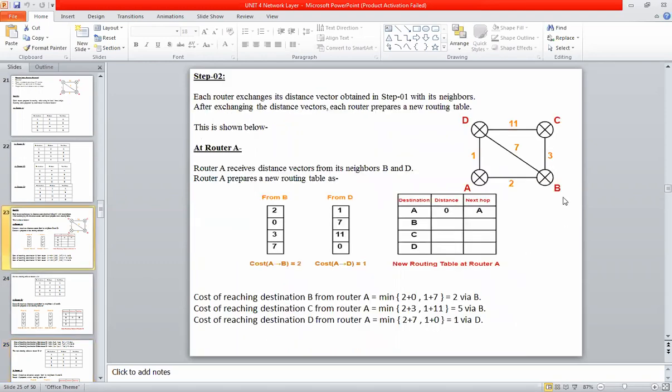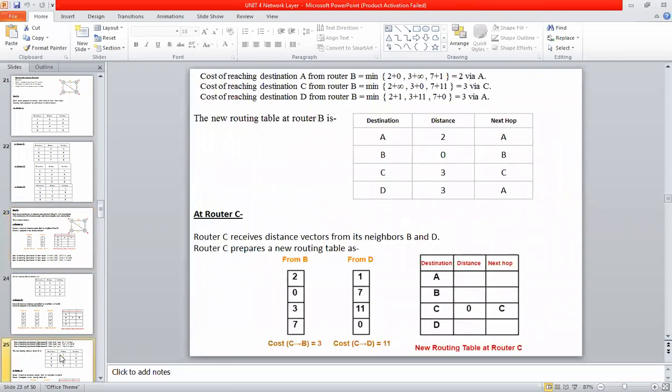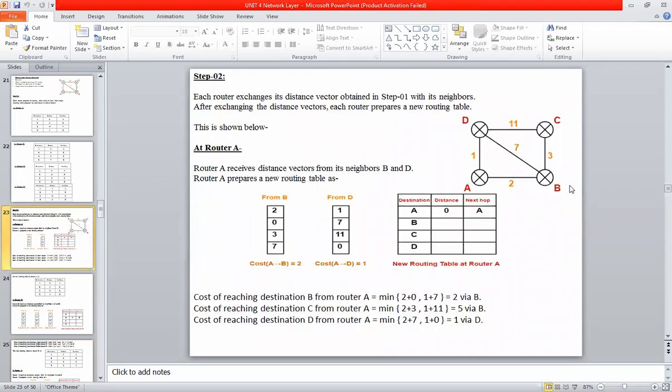How many routes are we considering? From B, 2. And one more is B to D, and D to A. And one more path is there, that is B to C, C to D, and D to A. So 2 plus 0, from A to B, B is your destination.